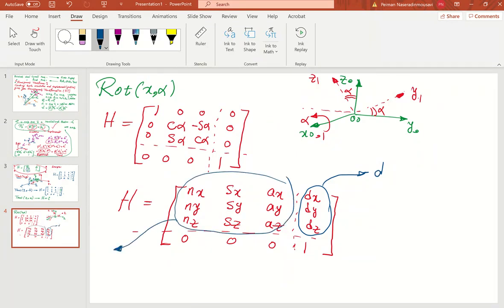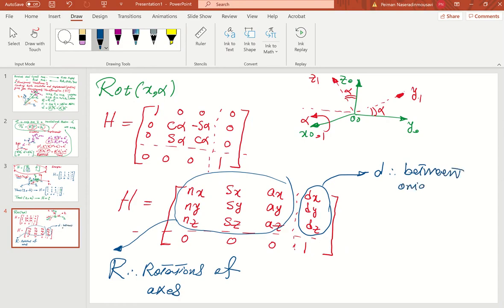This is R, rotations of axes, and this is displacement between origins of frames.